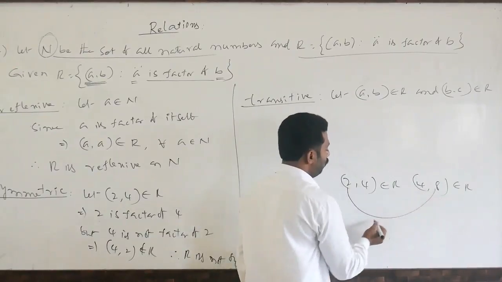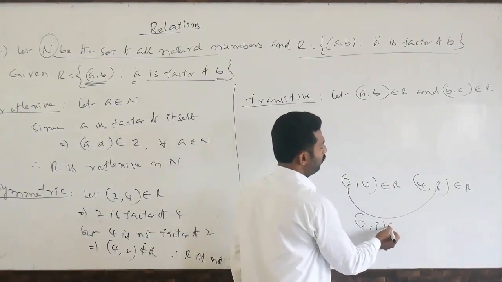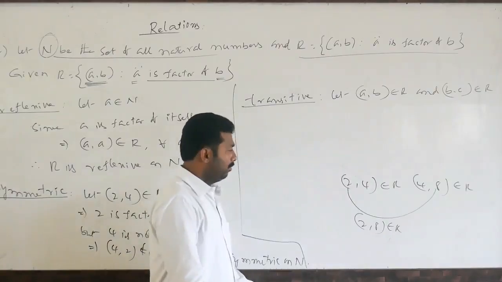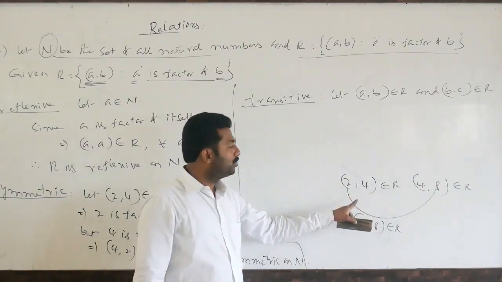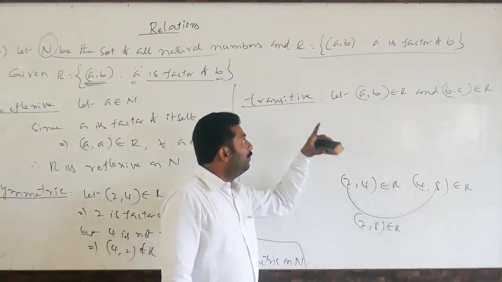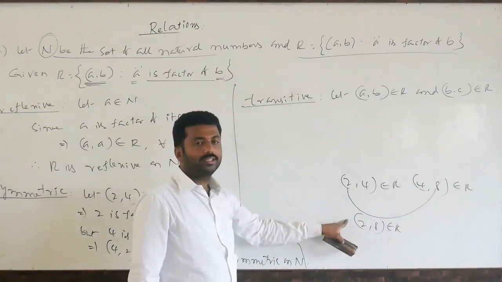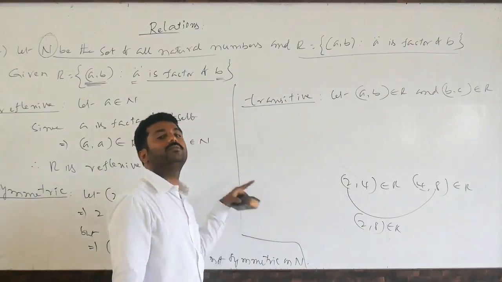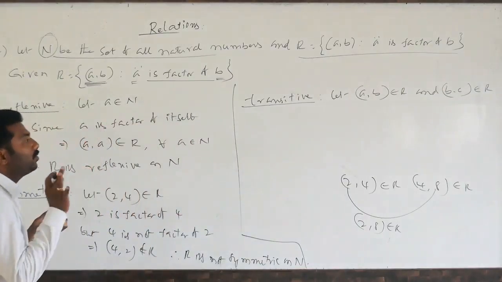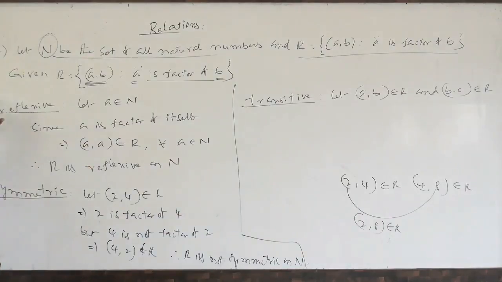Clearly, 2 is also a factor of 8. But if you write a counter example like this, the answer will be wrong. When should we give a counter example? If it is not transitive, you have to give a counter example. If it is transitive, reflexive or symmetric, you have to write the theoretical procedure, meaning the definition. So see here, clearly capital R is reflexive.